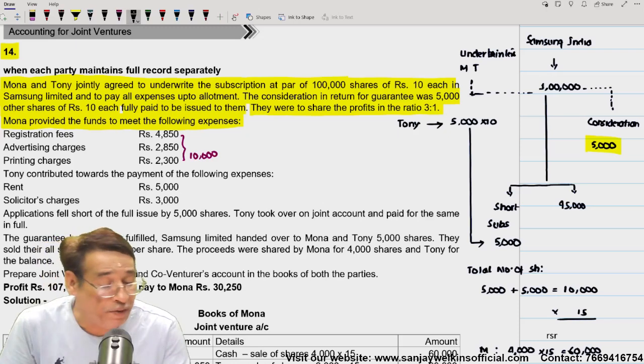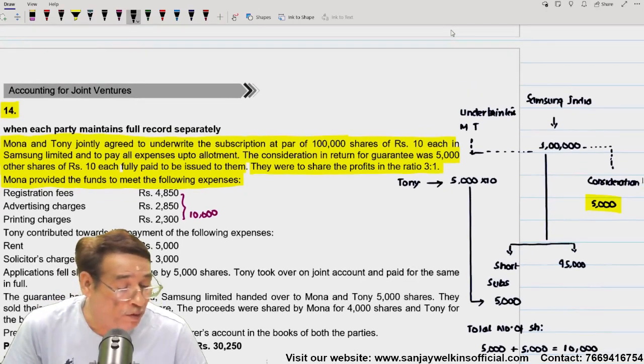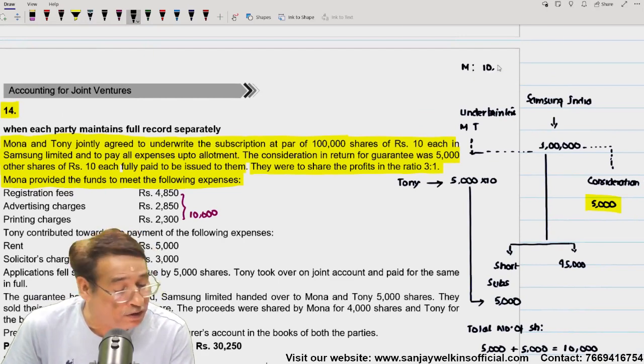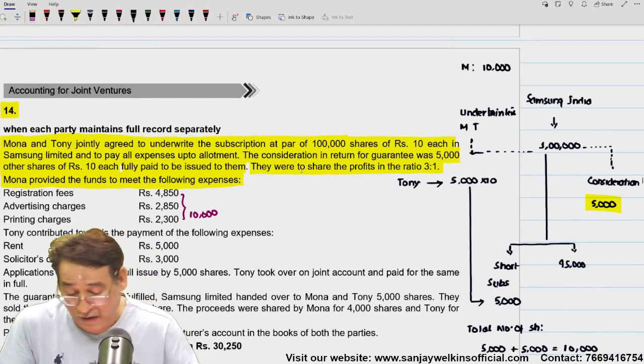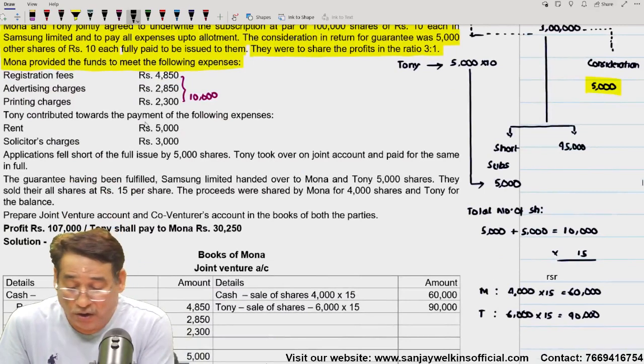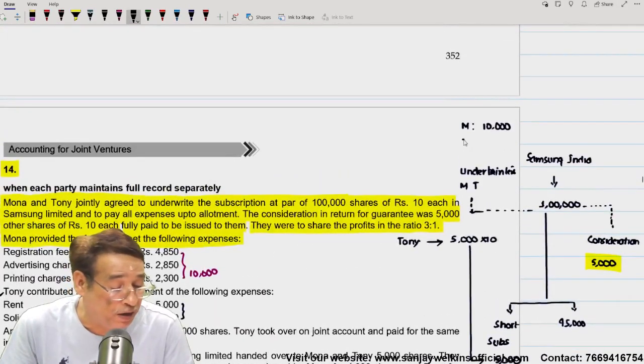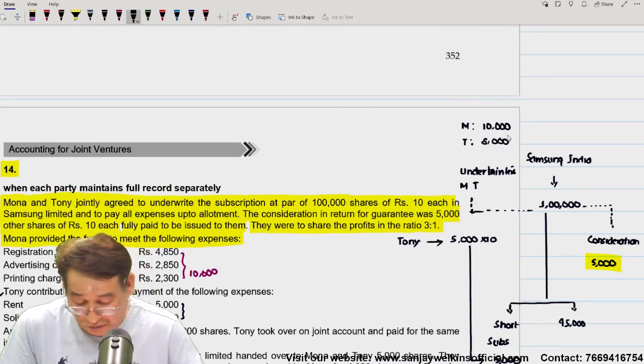So in this particular case, Mona has incurred expenses to the extent of 10,000. Correct? And further, Tony has made payments for rent and solicitor's charges that is equal to 8,000. So total expenses of Tony is equal to 8,000.